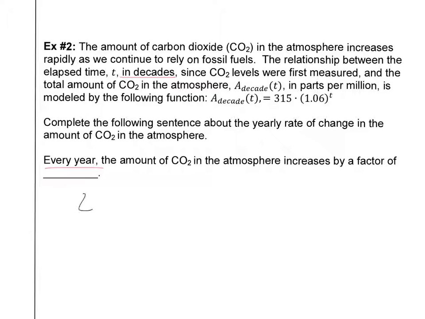Remember, if t represents a decade, then that makes us have to stop and think about what exactly is the relationship between t and years. And let's say that y equals years for now, so that we can have a different way of thinking about this. Right now my function is dealing with decades, and I would rather it deal with years. So let's think about, well, isn't 1 year 1/10 of a decade?